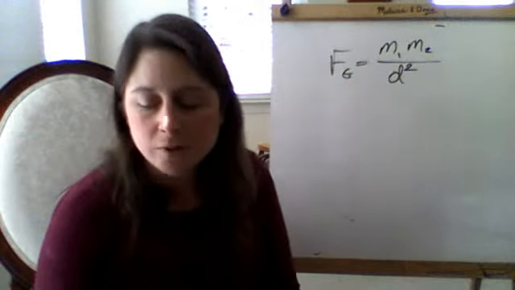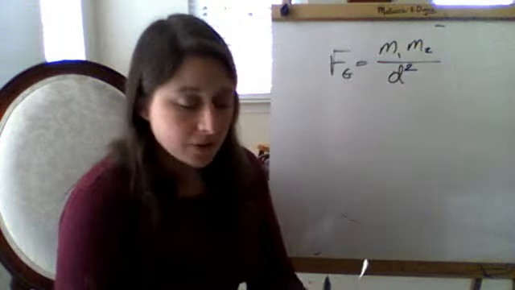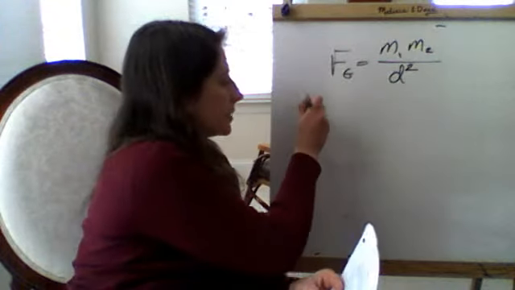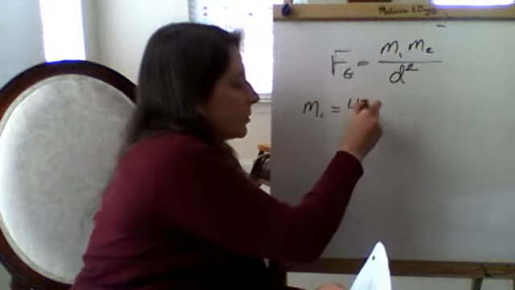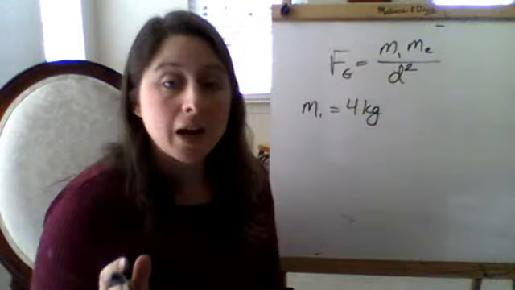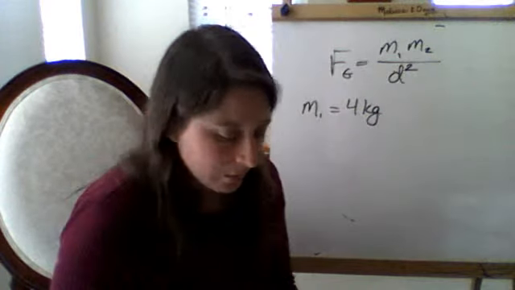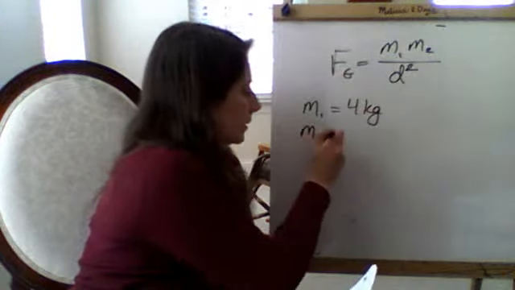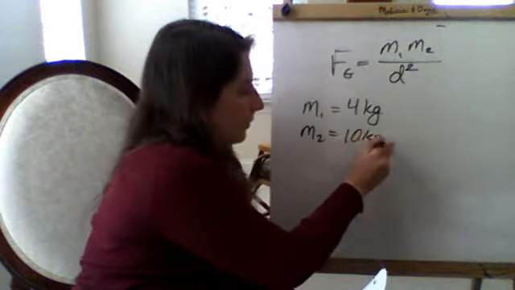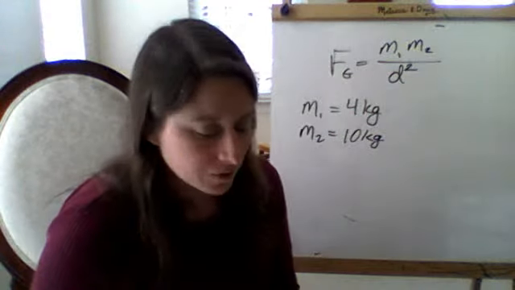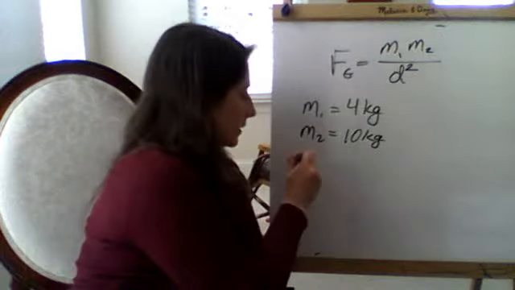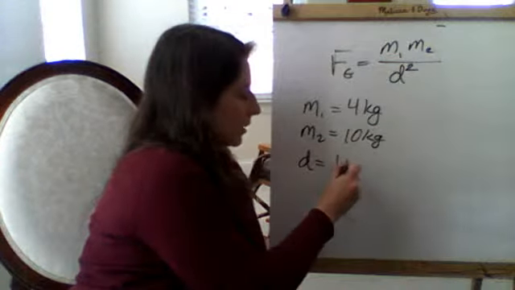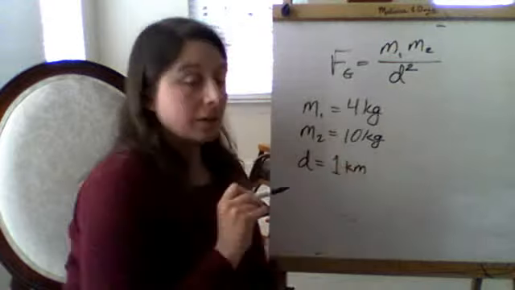The gravitational force between two objects: mass 1 equals 4 kilograms, and then we'll just worry about how that changes. Mass 2 is 10 kilograms. It is measured when the objects are 1 kilometer apart. So we'll put distance as 1 kilometer.